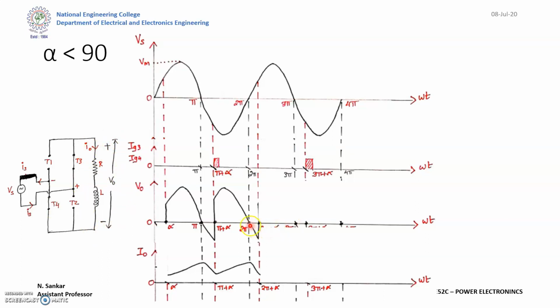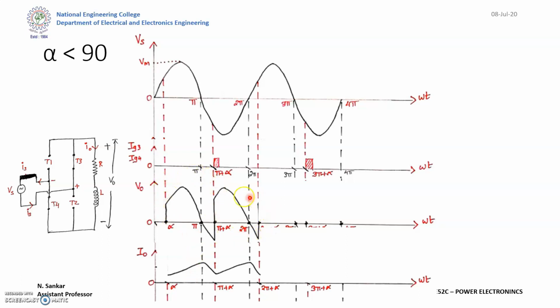So we will get a negative voltage like this till T3 and T4 get turned off, that is till the current reaches a value less than your holding current. At this point again we will trigger the thyristors T1 and T2, and the waveform will follow the next pattern. So this is the operation of your full converter with RL load.